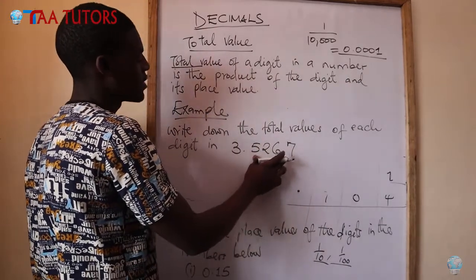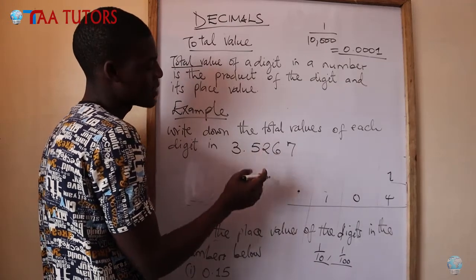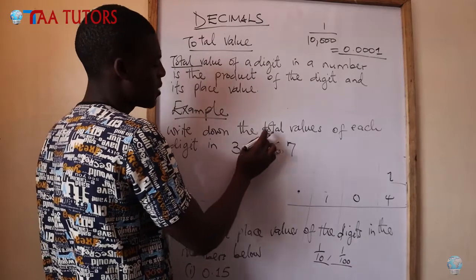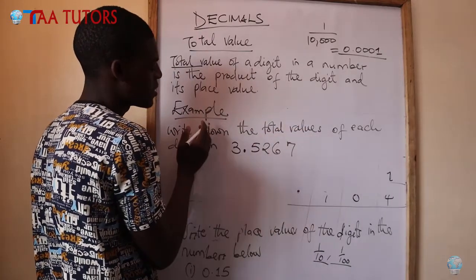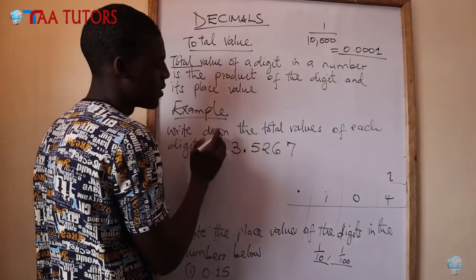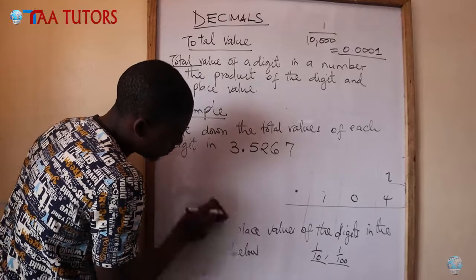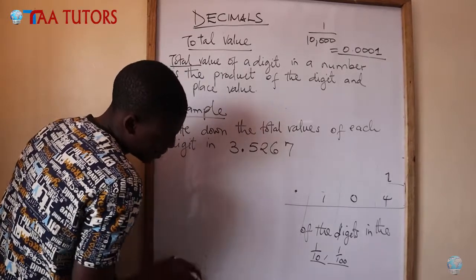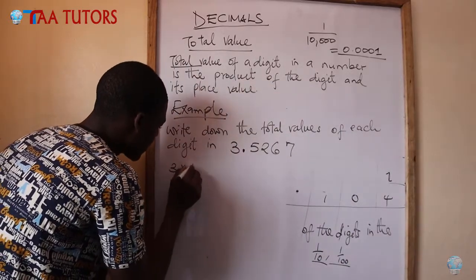And we've said that for a total value, we will take a digit and multiply by its place value. When we have the decimal point here, to this side we start from tenths. But going this way, since they are whole numbers, we will start from 1. So when I do it down here, we will have the total value of 3 as 3 times 1.